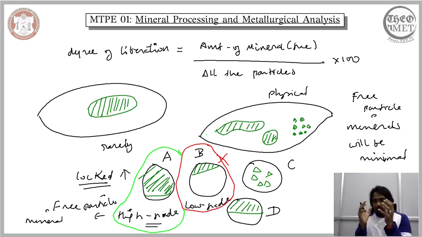Now, what we ultimately arrive at by categorizing A as high grade and B as low grade is that, even when compared to an idealistic case, the amount of locked particles rendered during the comminution of a physically mined-out larger particle will be reduced, since we are able to categorize the locked particles into high grade and low grade.